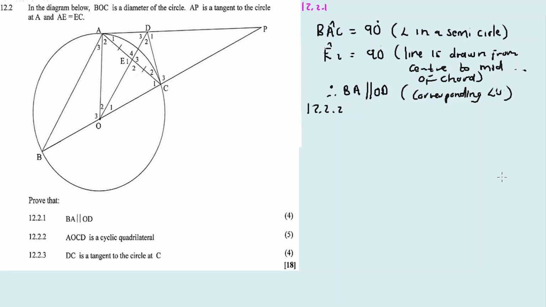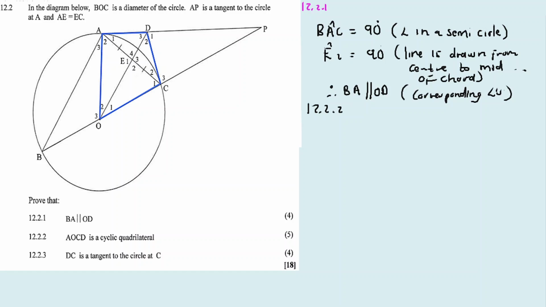Now the idea is to prove that AOCD is a cyclic quad. AOCD, this shape, is a cyclic quad, right?